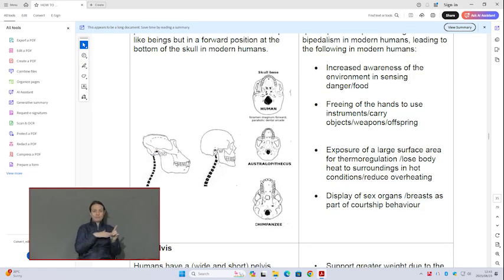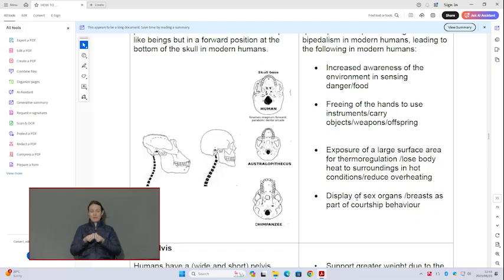Also, if you are bipedal, you will have freely rotating arms, which will allow you to walk and still be able to carry objects. Also, exposure to large surface area for thermoregulation, and being bipedal is an advantage because it also displays sex organs.